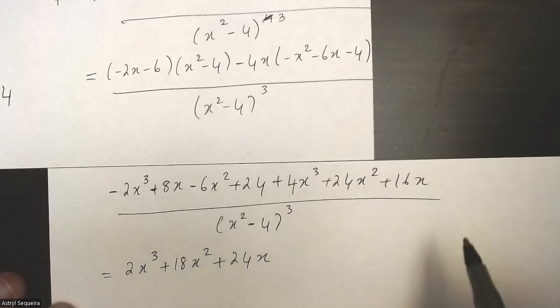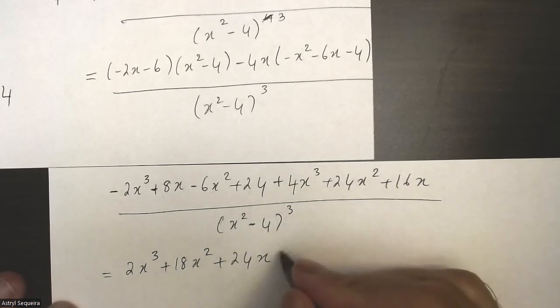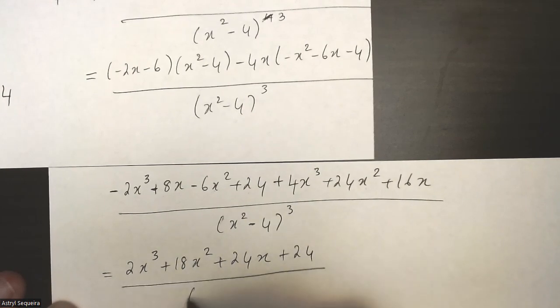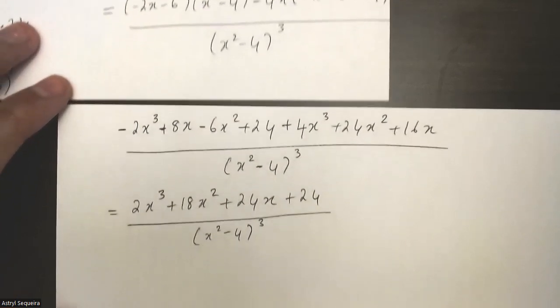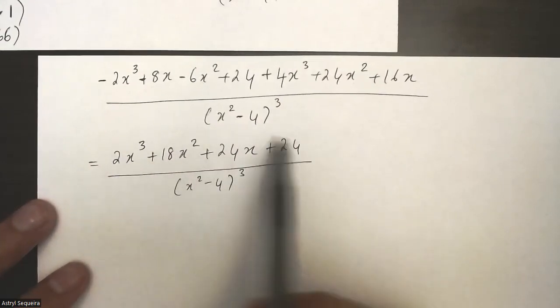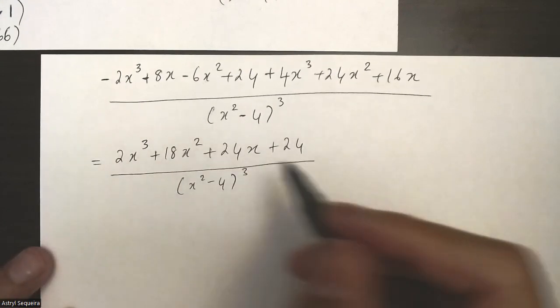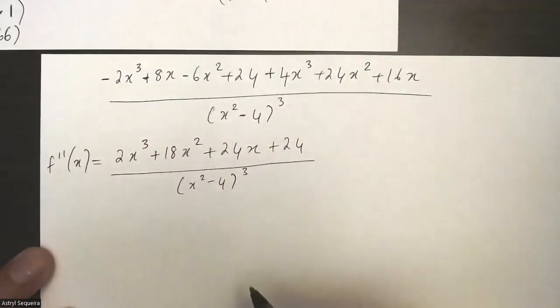Oh, 24x actually, that's correct. Plus 24, divided by x squared minus 4 cubed. Okay, so we need to factor this out now. We also know that this is our most simplified equation for our second derivative.